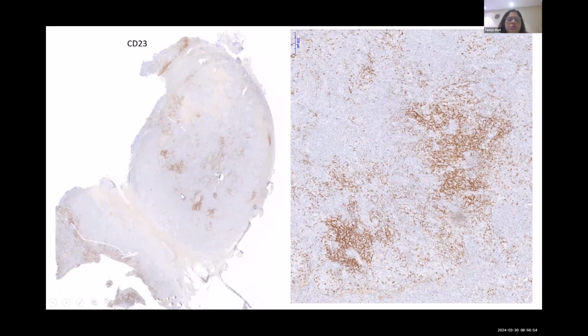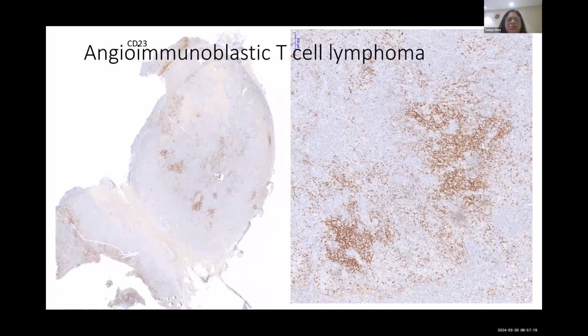Now, I want you to see that wherever the B cells were, you see dendritic cells there now, because the germinal centers have collapsed into the sinuses, and from there this dendritic network is coming into the node. So this is what is called an extrafollicular dendritic cell expansion. And you can see that it is there along the sinuses, and it is just creeping into the node. And this is just a high power of that. So that makes your diagnosis angioimmunoblastic T cell lymphoma, nodal follicular helper T cell lymphoma.